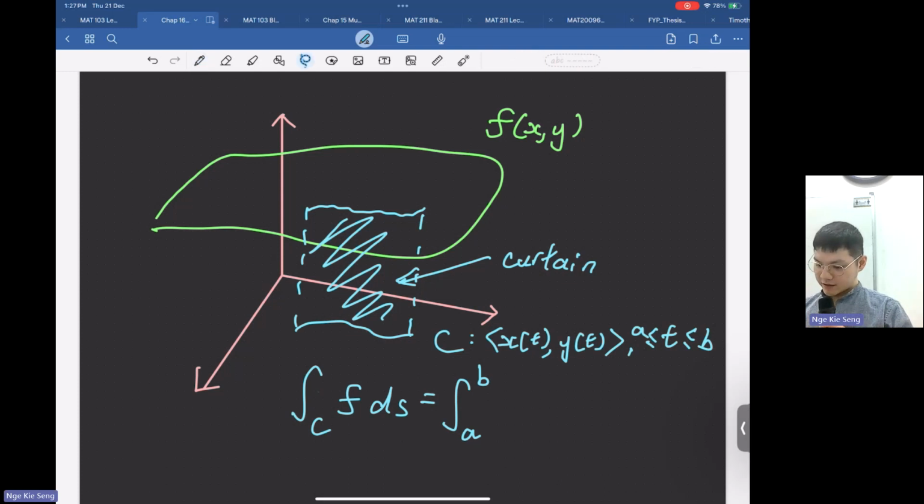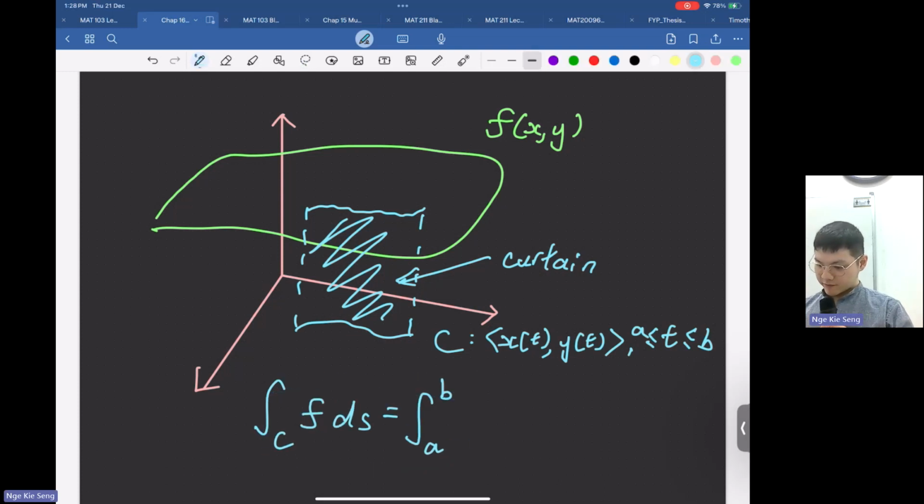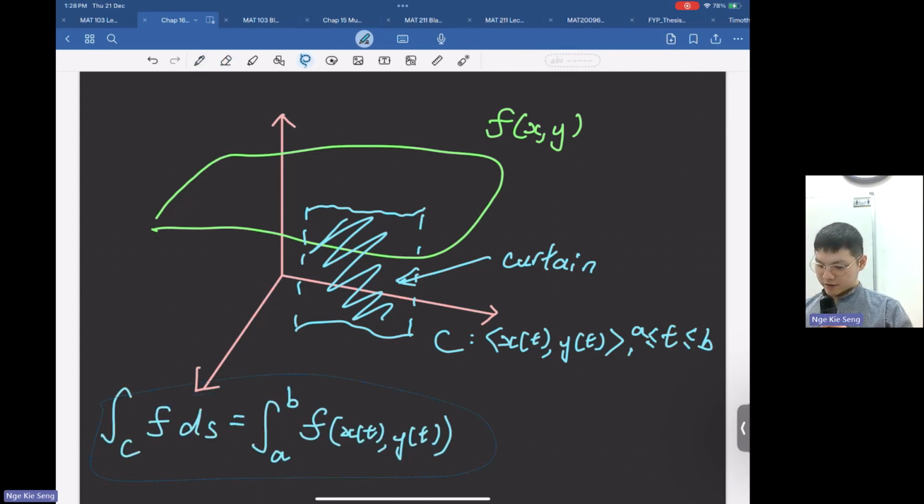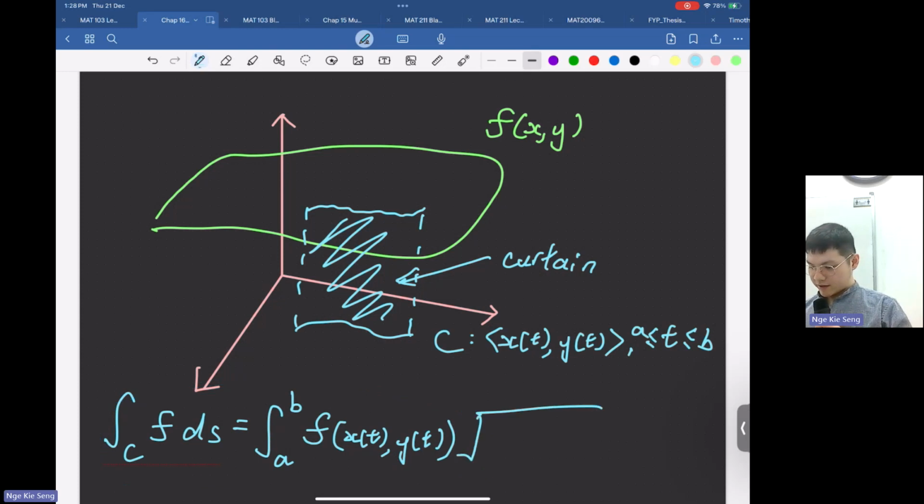Then this integral becomes the integral from a to b of f(x(t), y(t)) times the square root of (x'(t))^2 plus (y'(t))^2 dt.